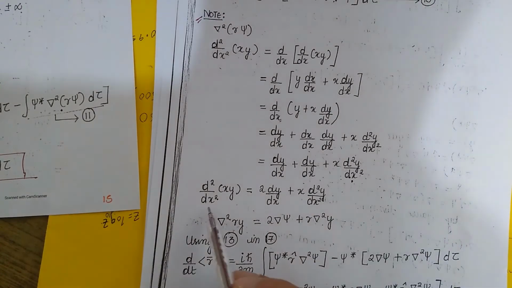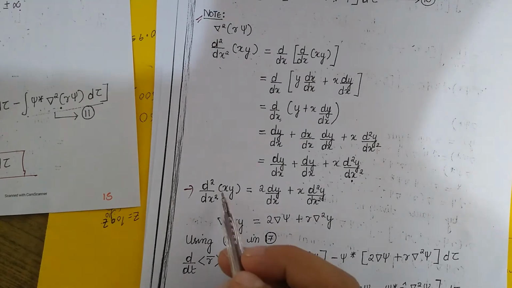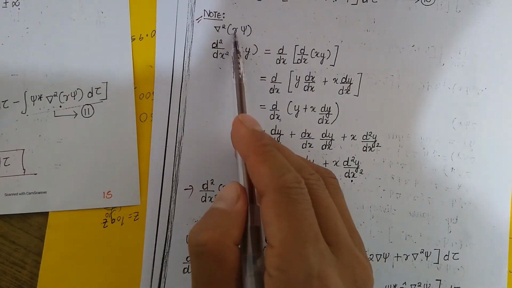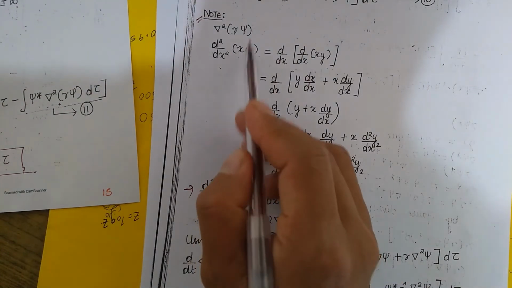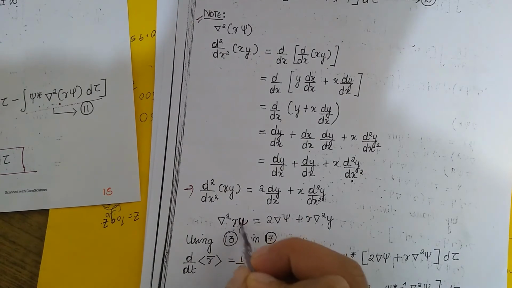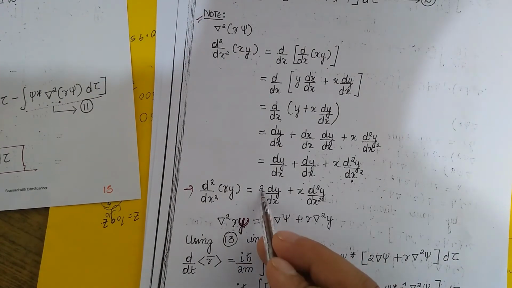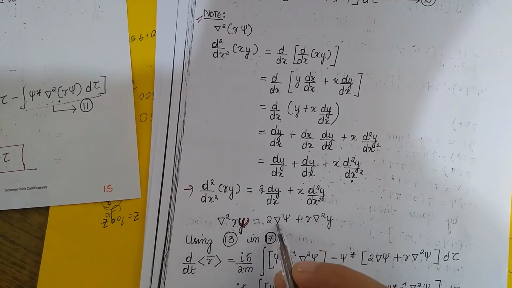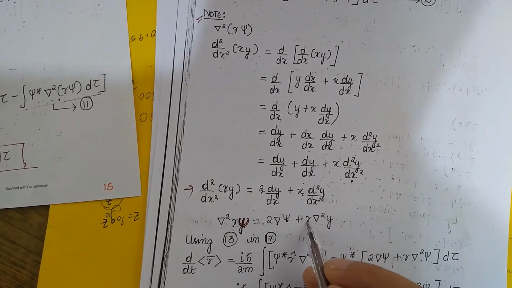And after getting this equation, we'll try to substitute the values. Our x is nothing but r, so instead of x we'll put r, and our y is nothing but psi, so instead of y we'll put psi here. So you need to change here: instead of y, you should write psi. It's equal to 2 times del x represented by the operator del, and y is your psi, x is your r.